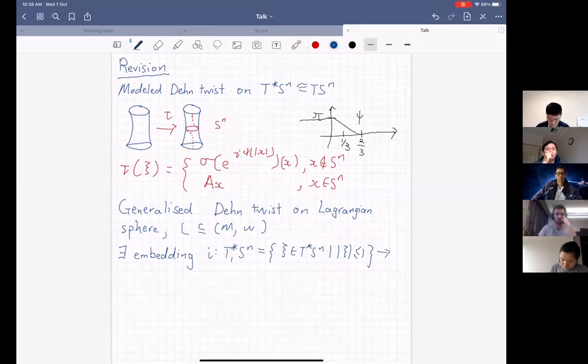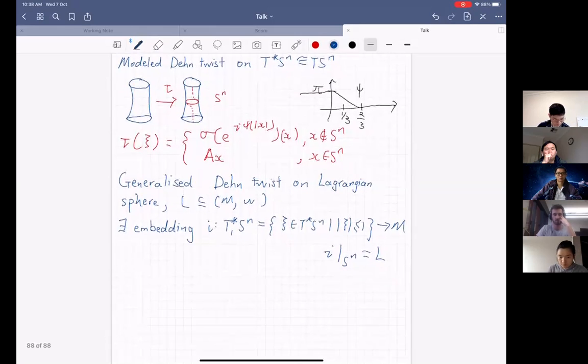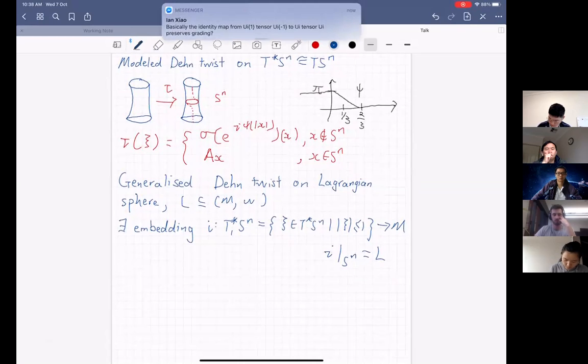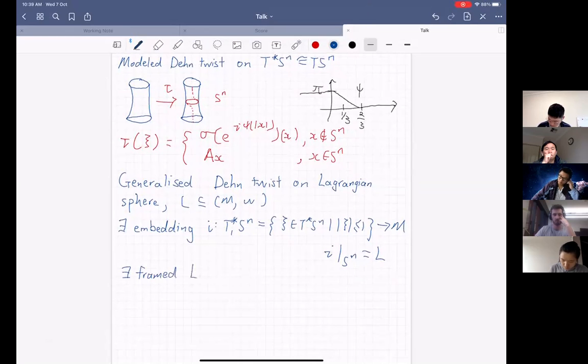And then the S^n part of it should be your Lagrangian sphere. You should think there's an embedding, there's a framed Lagrangian sphere, because you need the S^n to help you do the Dehn twist.